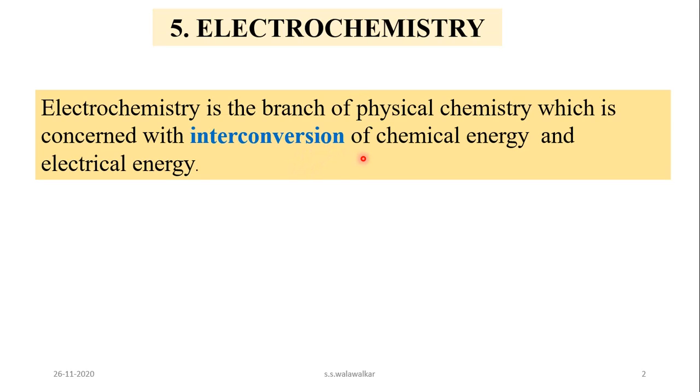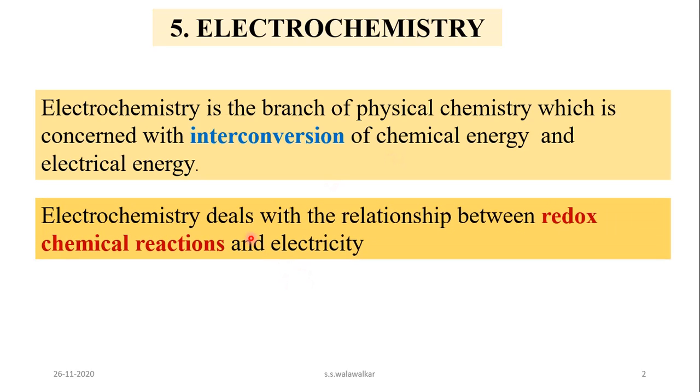When chemical energy is converted into electrical energy, electricity is produced, and when electrical energy is converted into chemical energy, electricity is consumed, used, and therefore electrochemistry deals with the relationship between the chemical reaction, redox chemical reaction, and electricity.